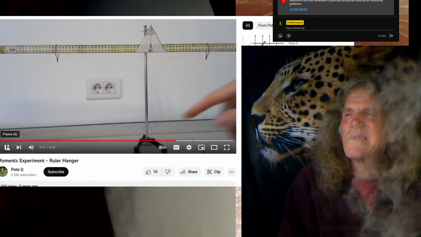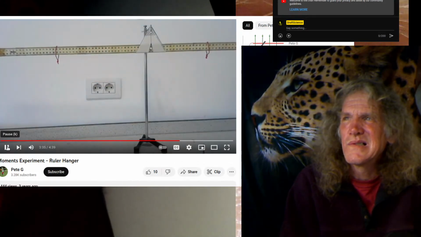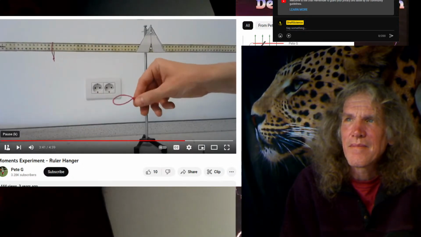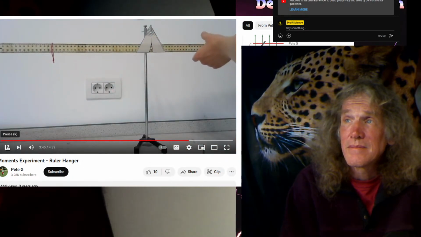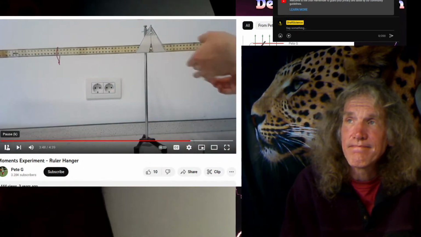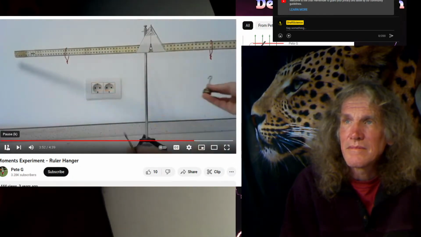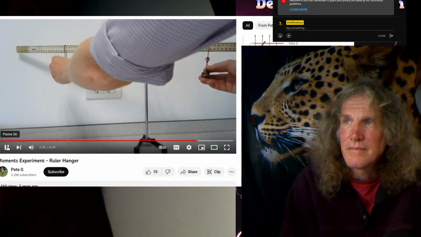If you want to check if it's horizontal, you could always measure the height from the bench to the ruler at one side and the height to the other side. Then after that, the easiest way I find to hang things off it is to get about 15 centimeters of string and just tie a little knot in it. And you can use that to hang your weights off it. And then you can go around doing whatever experiment you want, either by hanging multiple weights from different sides.